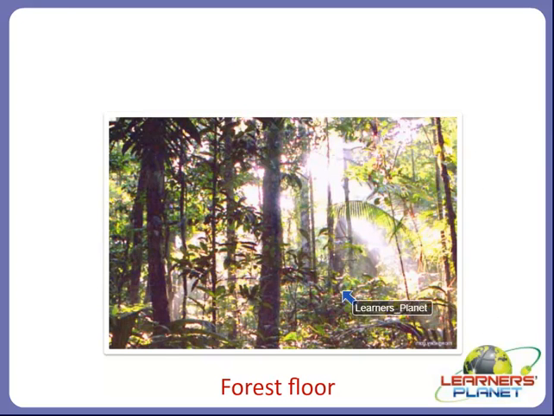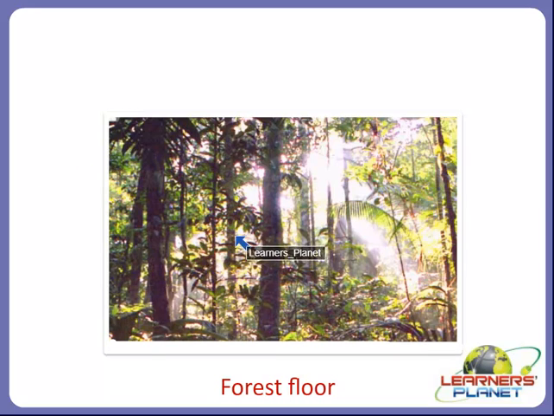So students, you can see this picture. This is a picture of forest floor. Now what we can see in this picture? Yes, there are large trees. Now what happens in the forest floor is that only few plants grow on the forest floor.